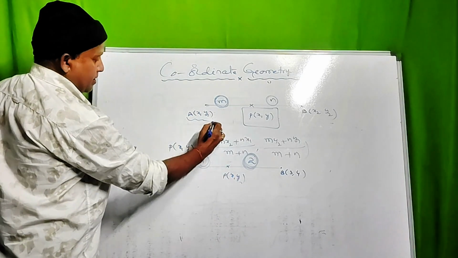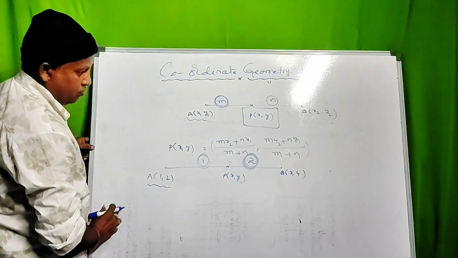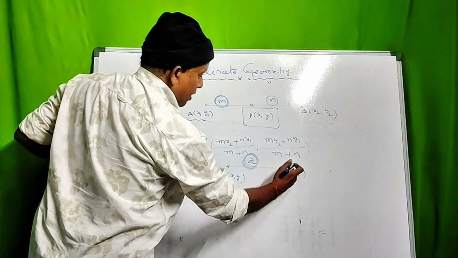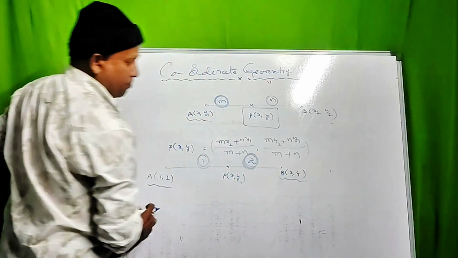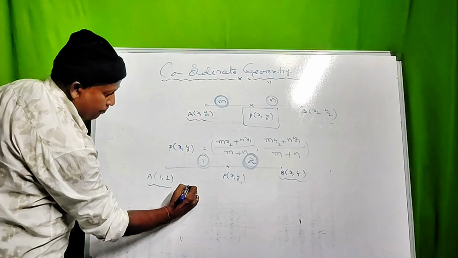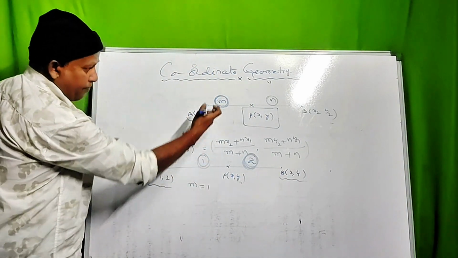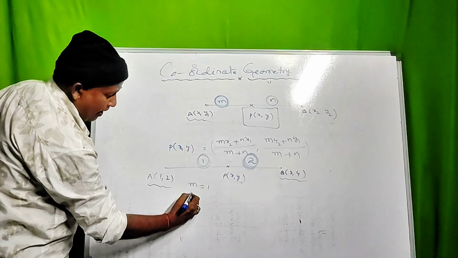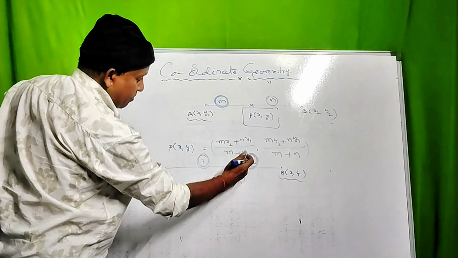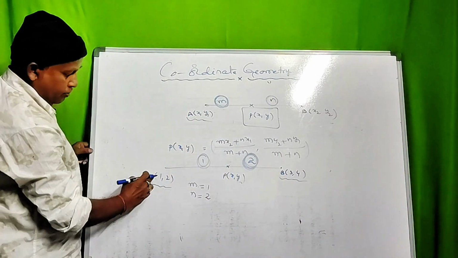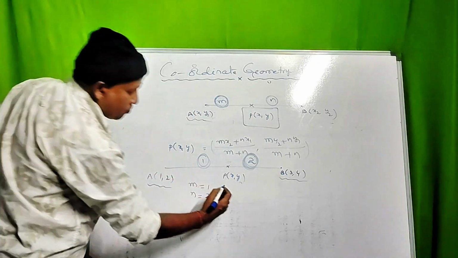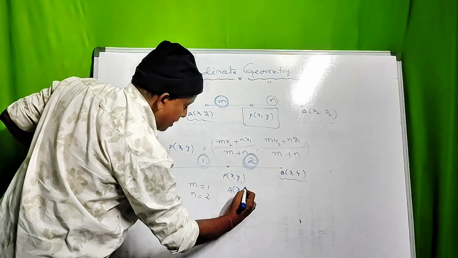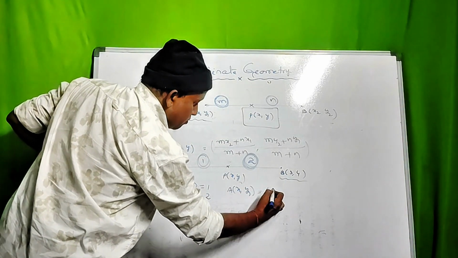So m value is 1, n value is 2, and x1, y1 is 1 comma 2.